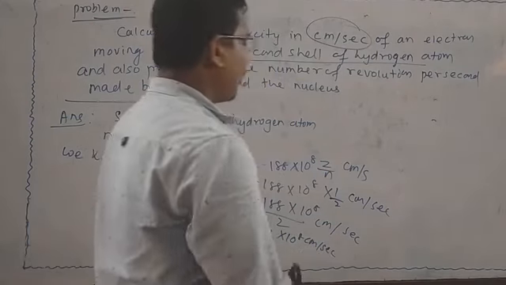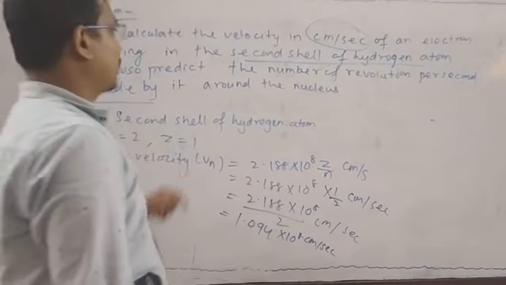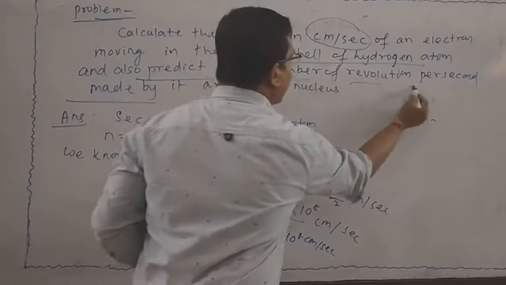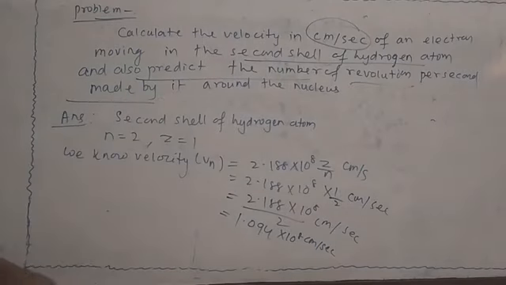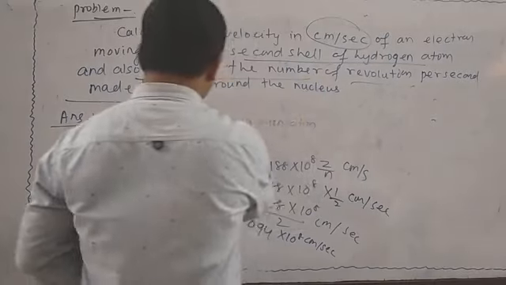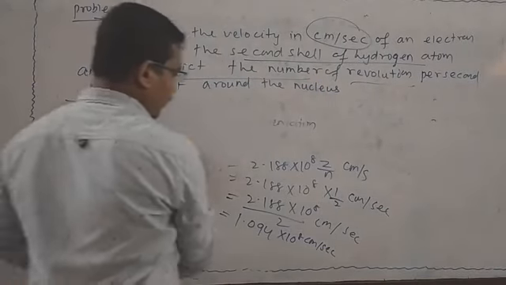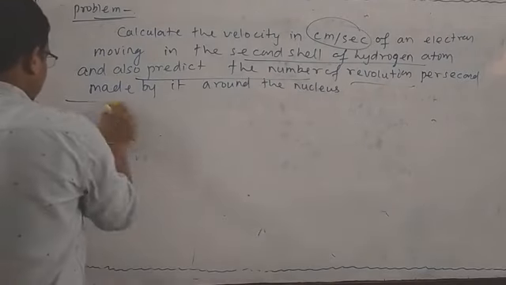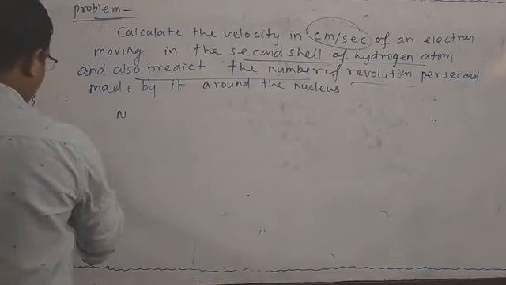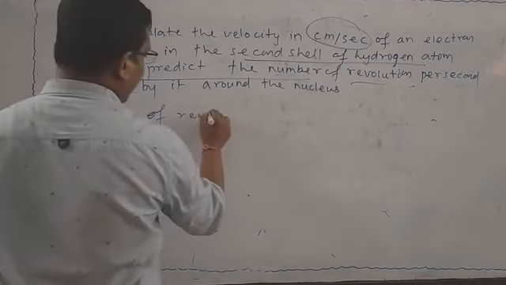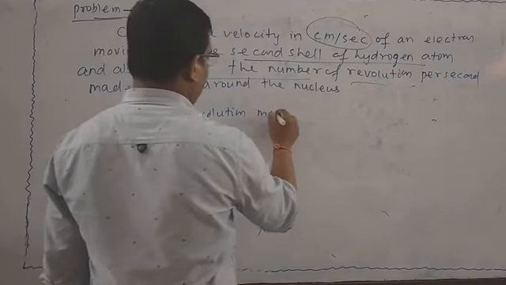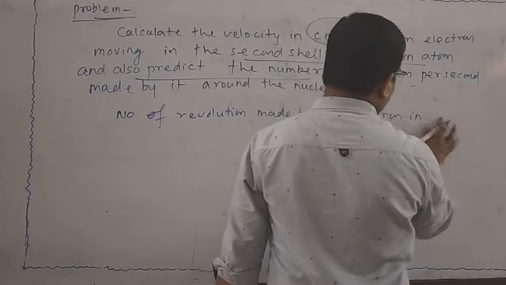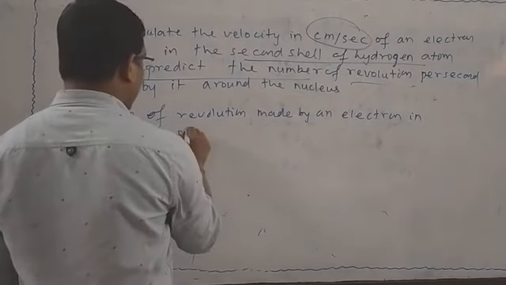This is the velocity. This is the first question. Calculate the velocity. The second question is also here: also predict the number of revolutions per second made by it around the nucleus. What is the formula for number of revolutions made by an electron in the nth orbit?